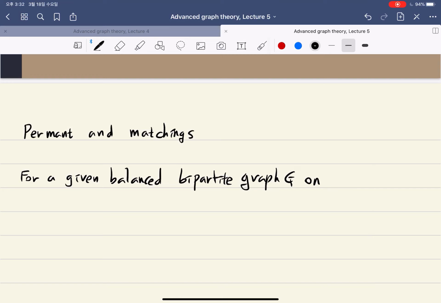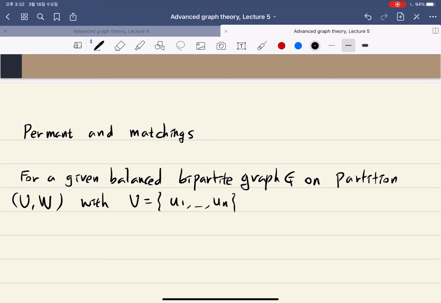And this balanced bipartite graph has partition U, W. Say these vertices have labels. U consists of the vertices from U1 to Un, and W consists of the vertices from W1 to Wn.